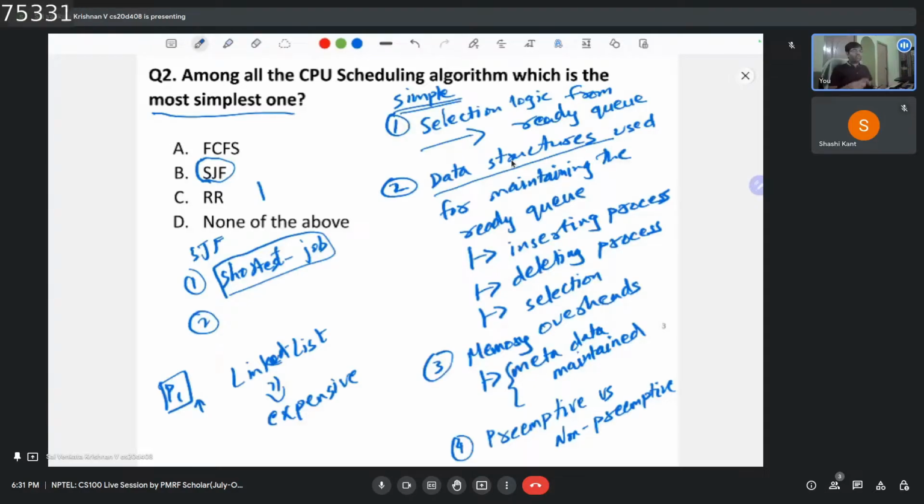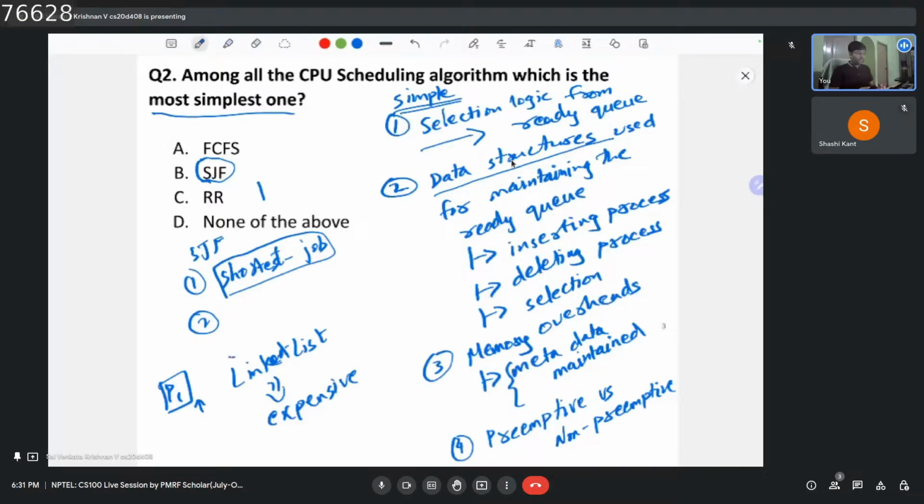In a preemptive version you have to do this every clock cycle, because any clock cycle a new process might arrive, and the scheduler has to check whether it is the shortest job first or not. So it's an expensive scheduling algorithm.